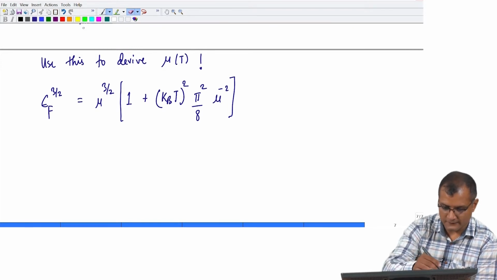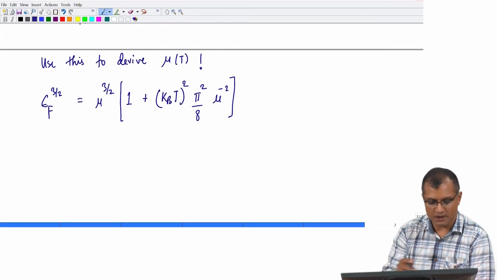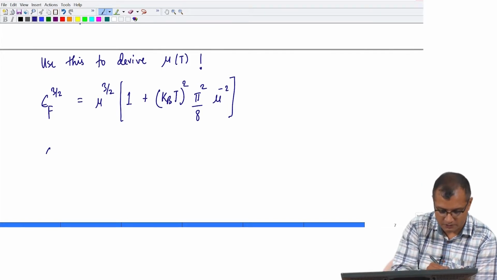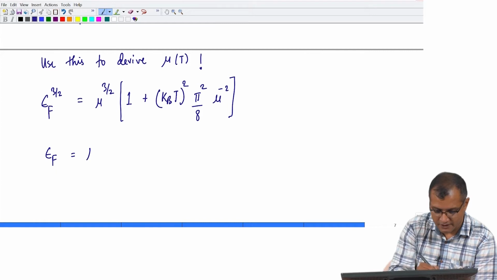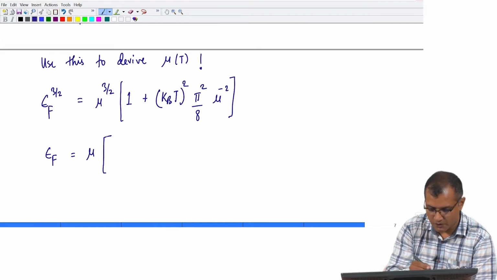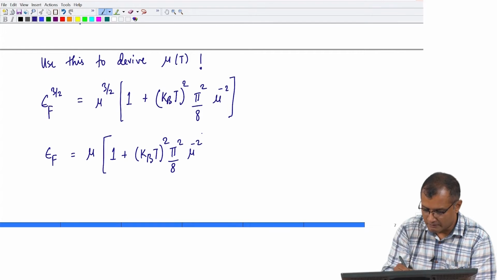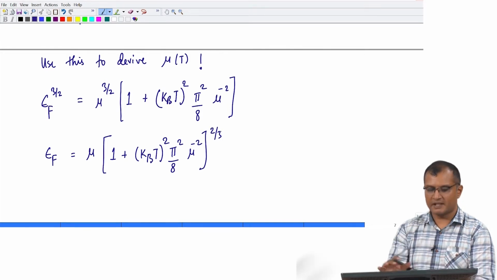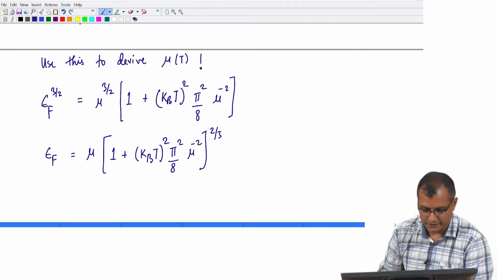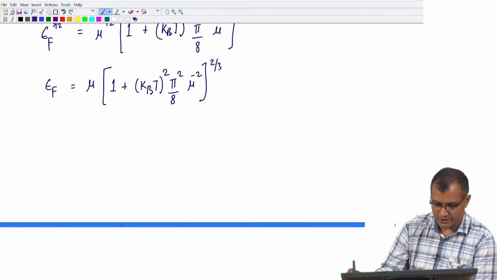But before that you can raise the entire equation to power 2/3, that makes E_F equal to mu into 1 plus kBT the whole square into pi square by 8 mu to the power minus 2, raised to 2/3. You have raised the entire equation to the power 2/3 and simply transpose to the opposite side.